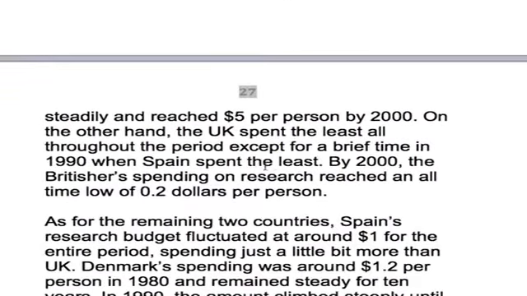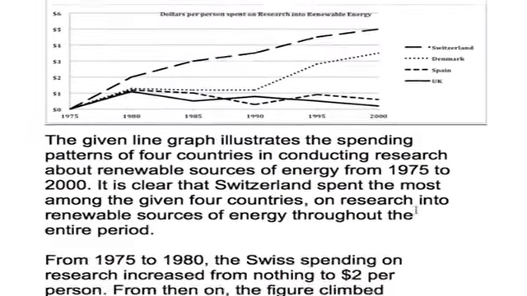So on the other hand, the UK spent the least all throughout the period, except for a brief time in 1990 when Spain spent the least. By 2000, the Britishers' spending on research reached an all-time low of $0.2 per person.